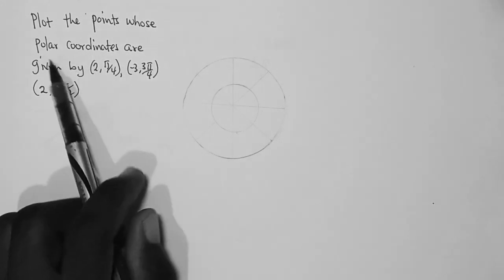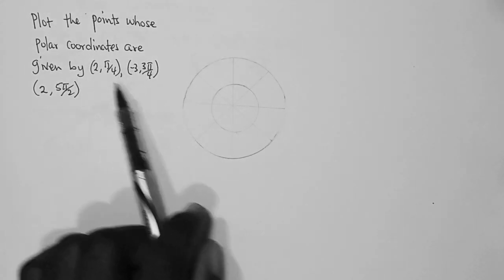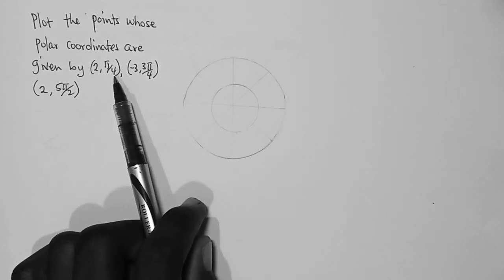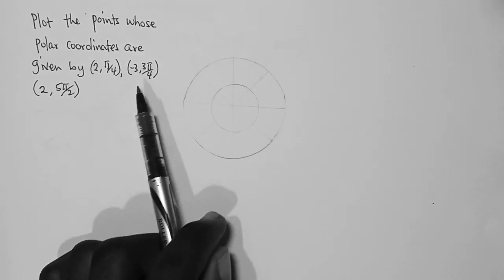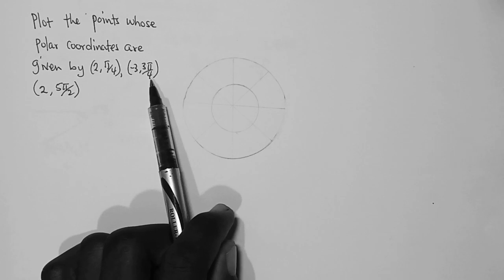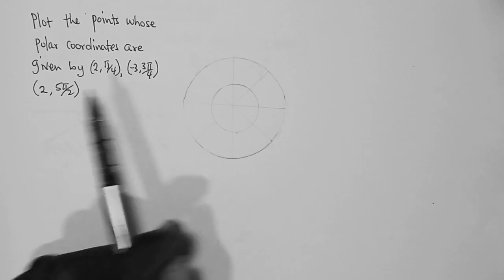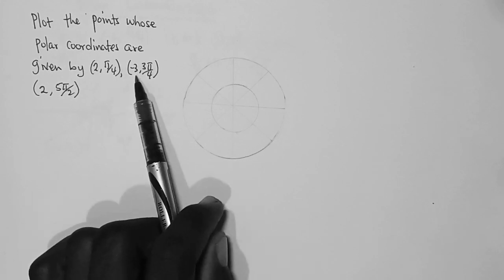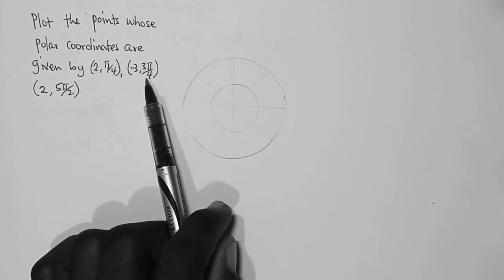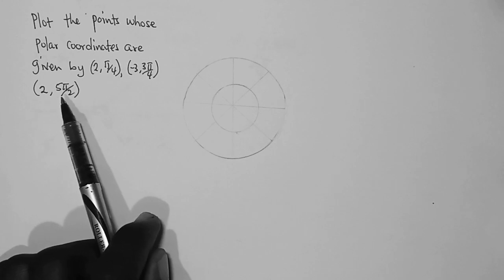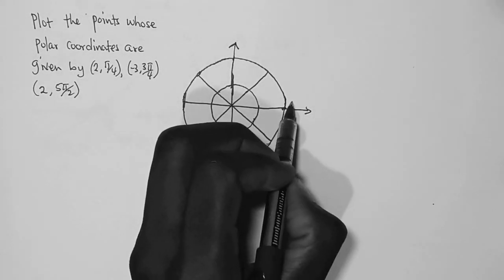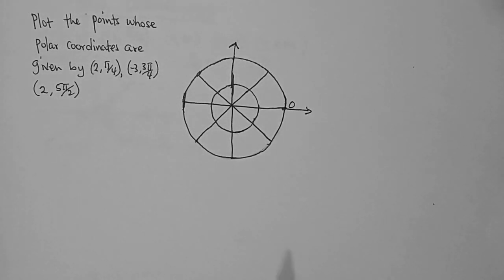Plot the points whose polar coordinates are given by (2, pi on 4), (-3, 3 pi on 4), and (2, 5 pi on 2). Let's consider this polar axis, and let's assume here is 0 degrees.